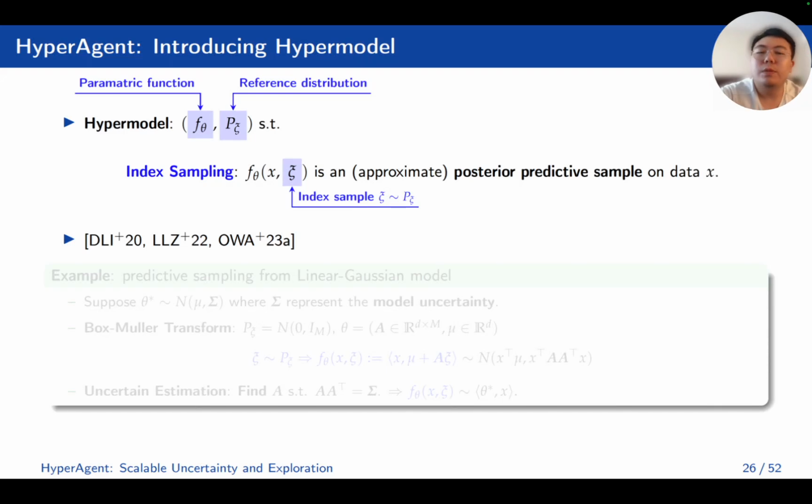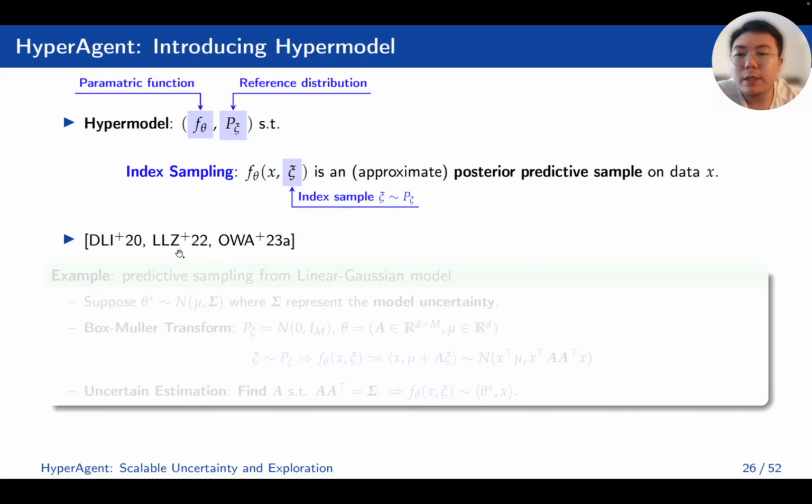Okay, what is HyperAgent? Before HyperAgent, we will introduce the hypermodel, which was basically introduced in Van Roy's group at that time, and is also related to epistemic neural nets. We will mention something different between their hypermodel, the original hypermodel, and also the ENN.